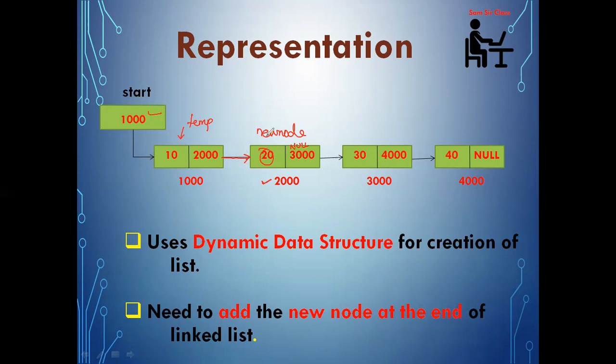After doing this operation, I'll give this new node to temp, so that temp will point to the second node. After that, again I'll create the new node, memory will be allocated, value will be given. In place of this, I'll keep initially null. After that, temp next, I'll keep the address of the new node, so that in place of null, I'll keep 3000, so that the next node will be connected.